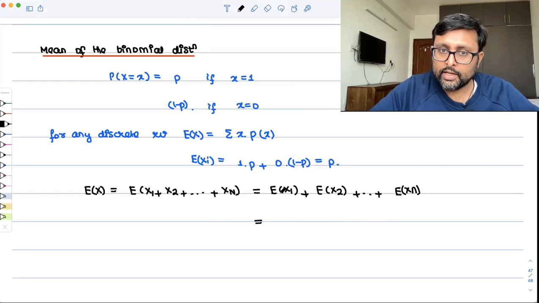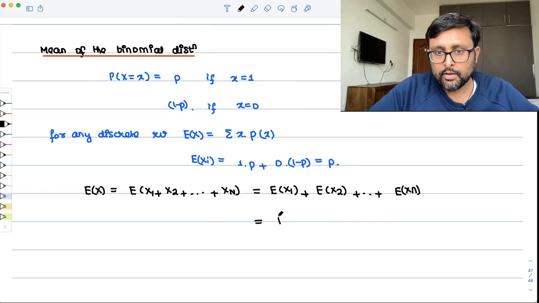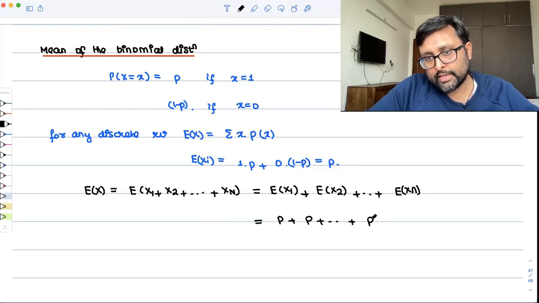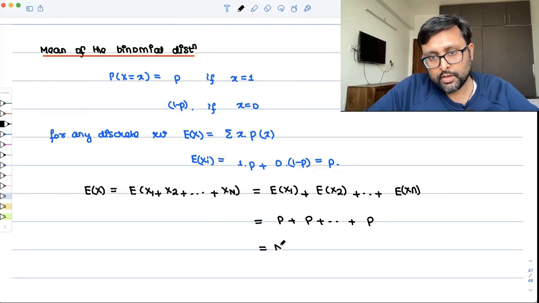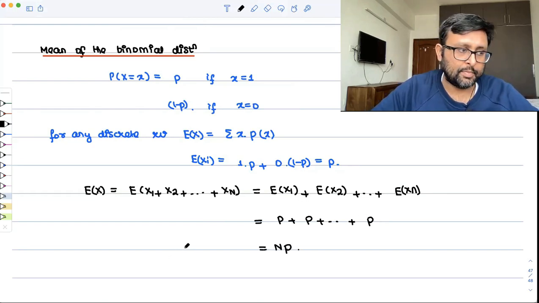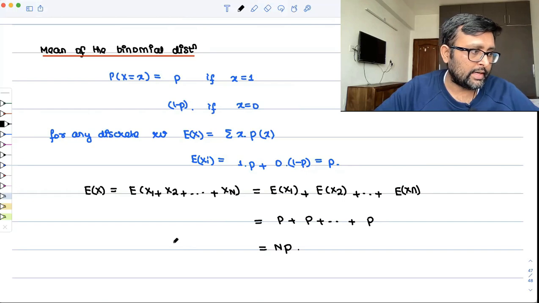E of x1 is also p, as we have shown. E of xi is p, so E of x1 is p, E of x2 is p, and so on to E of xn is p. So this is added n times, giving np. So binomial is nothing but Bernoulli trials repeated n times. That is one thing.